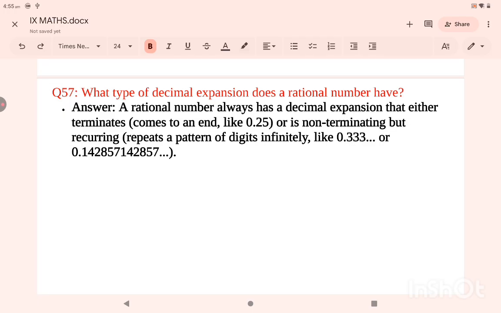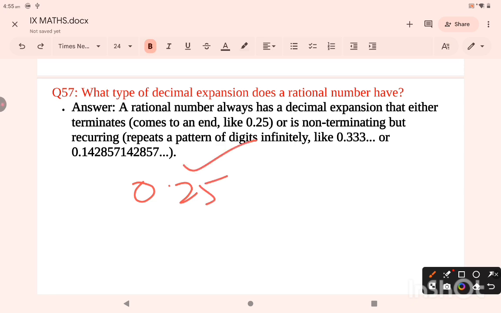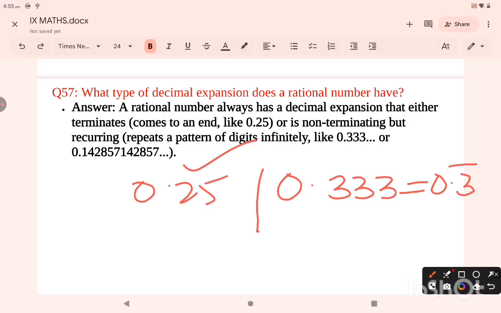For example, 0.25 is a terminating decimal. This can be expressed in the form of p by q. Therefore, this is rational. Next, 0.3333, this is 0.3 bar. Therefore, 0.3 bar is a non-terminating, repeating decimal.